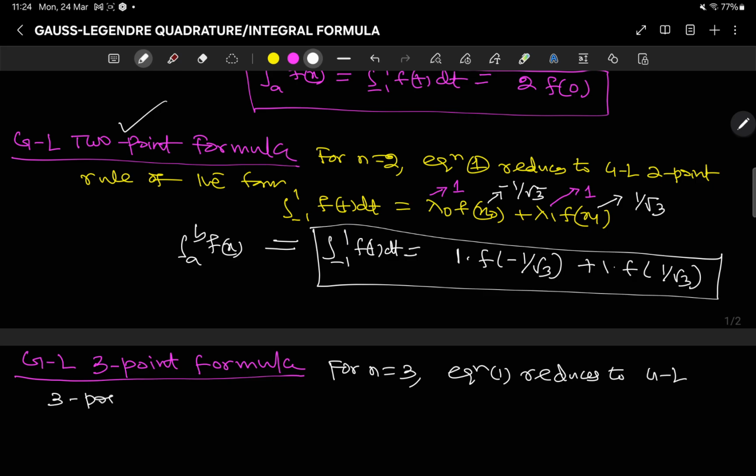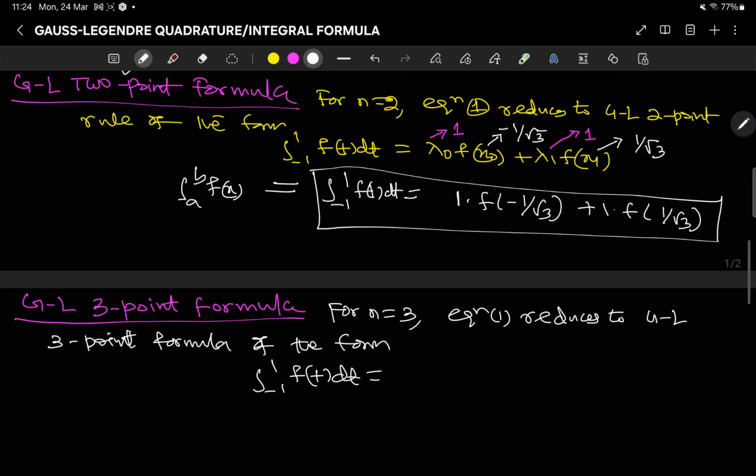Gauss Legendre 3-point formula, of the form minus 1 to 1 f(t) dt will be equal to lambda 0 f of x0 plus lambda 1 f of x1 plus lambda 2 f of x2.